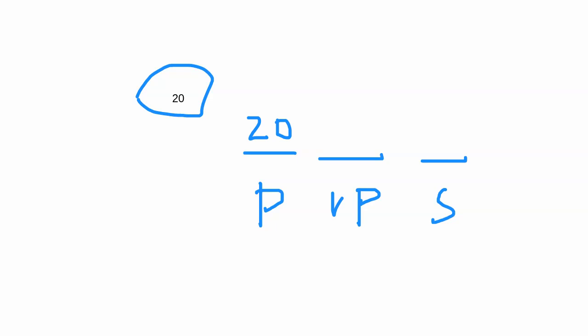But once one is chosen, how many students are left? I have 19 students left. And once 2 students are chosen, I have 18 students left. So 20 choices for president, 19 choices for vice president, and 18 choices for secretary. By the counting principle, I multiply them.